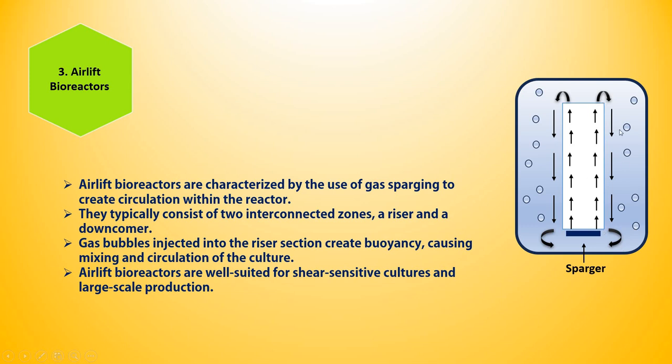And as the air bubbles cause the circulating motion within the bioreactor, the media is also circulating. So instead of using any impeller or agitator, we are creating the circulating force simply by using the sparger.